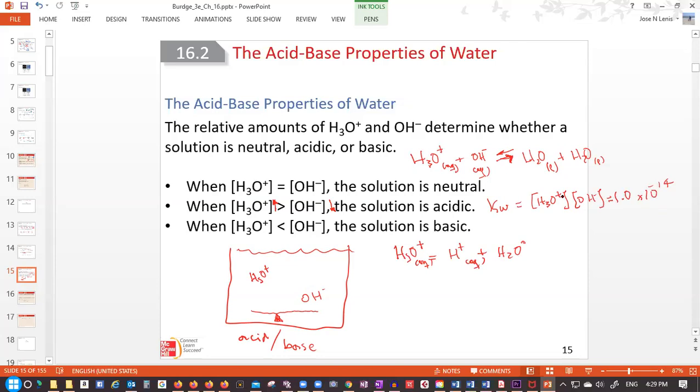And it's neutral because these two amounts are the same. In pure water, we just learned the concentration of this is 1.0 times 10 to the negative 7, and this is 1.0 times 10 to the negative 7. When you add acid to that solution, to that pure water, what's going to happen? This concentration must go up, and in order to keep this constant, this number needs to go down proportionally.